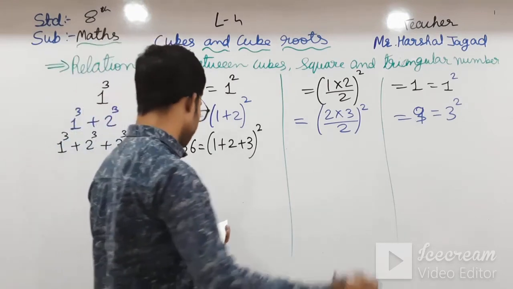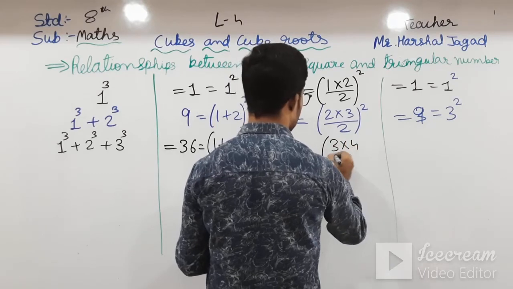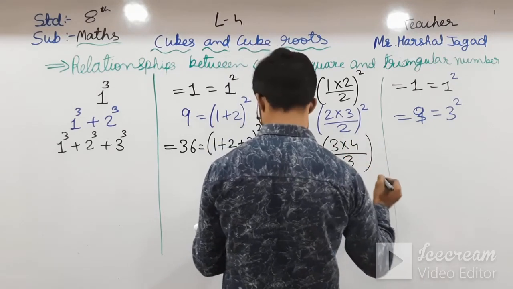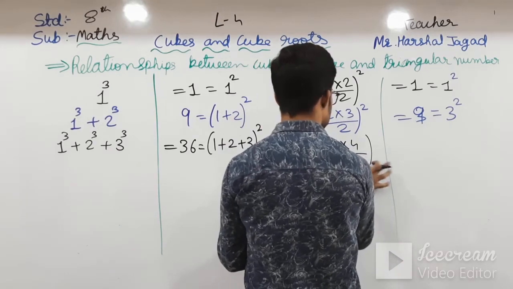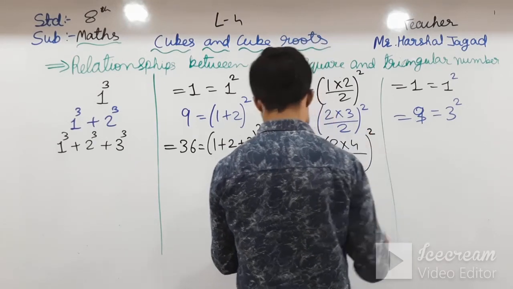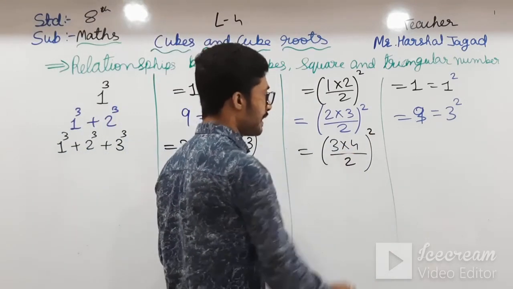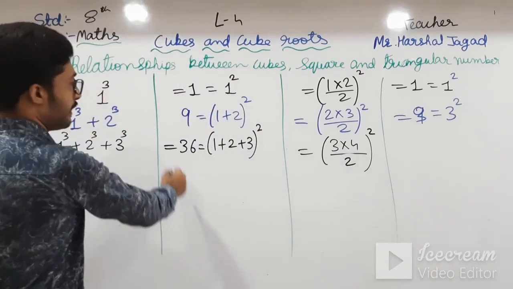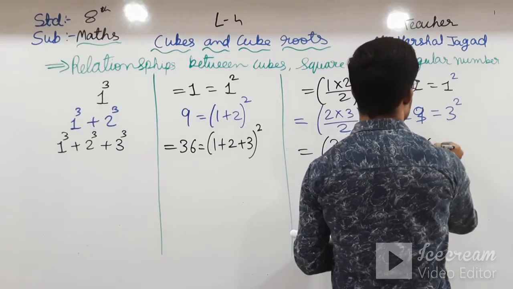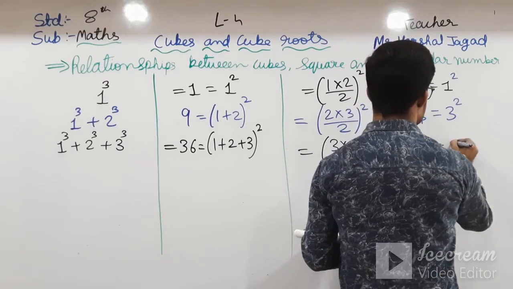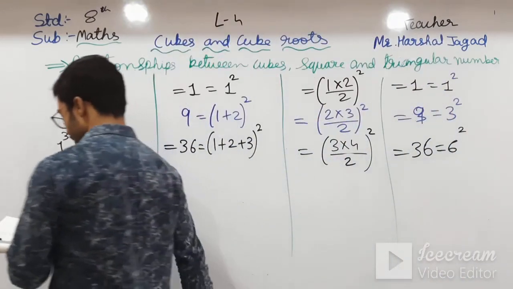Next we can also write 3 into 4 divided by 2, the whole square. 3 4s are 12, 12 by 2 is 6, 6 square, that is 36. So 36 is equal to 6 square.